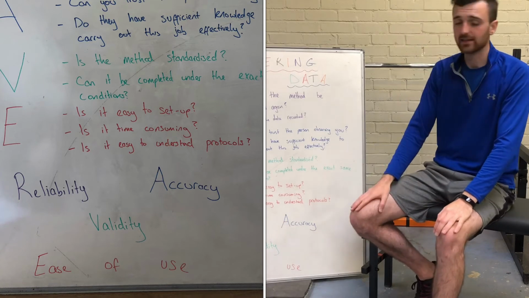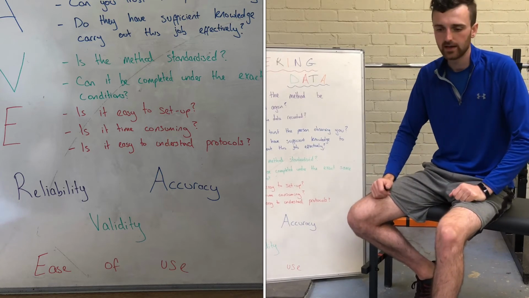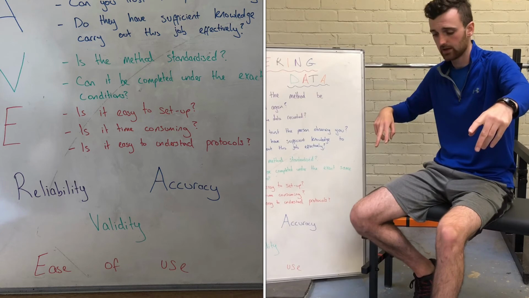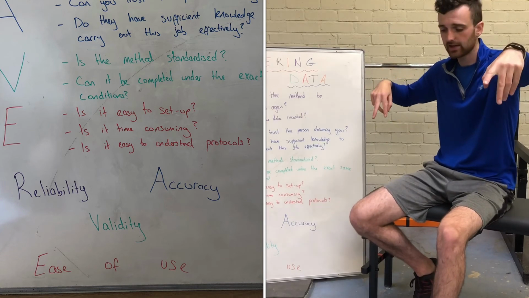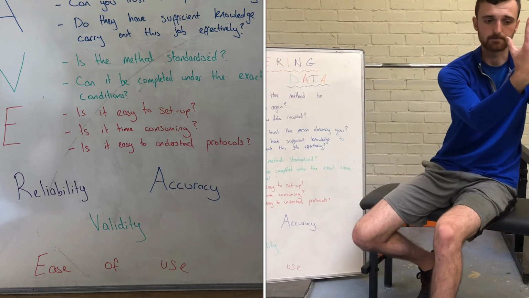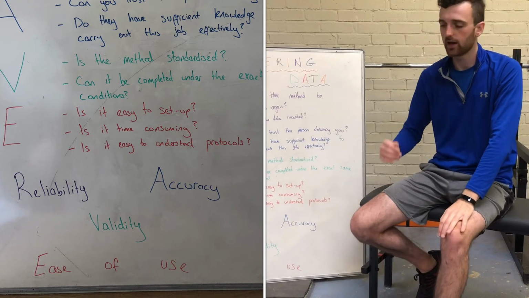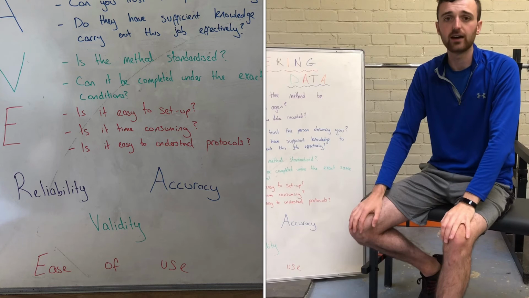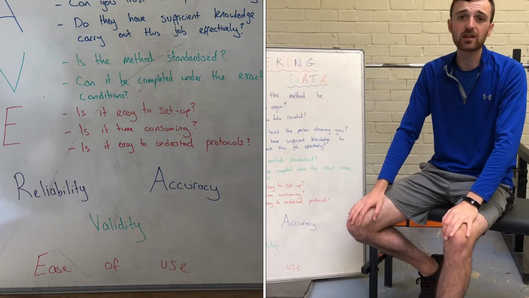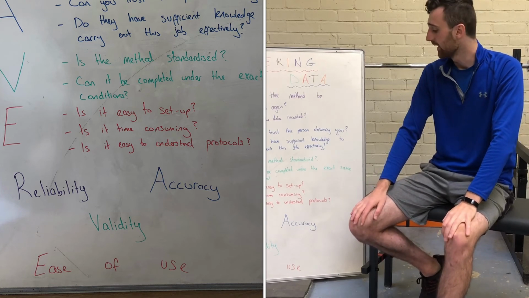But coming back to is it easy to set up, things like the bleep test, we're looking for a 20 metre gap, 2 cones at either side, and then we need a speaker at the side to play the bleeps. So as long as we have all of that and one person at the side to record the data, then we should be sorted. So it's relatively easy to set up.